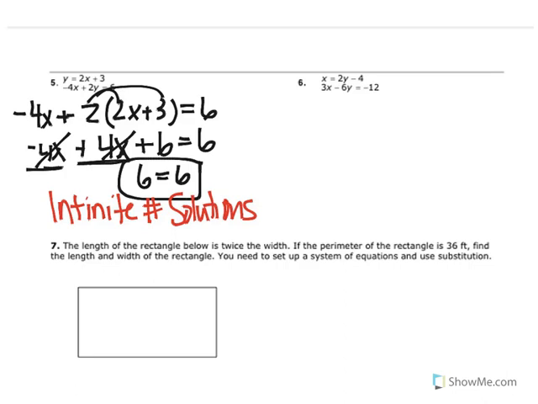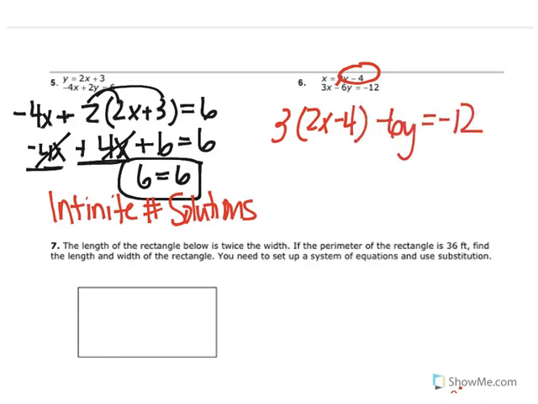Now let's try number 6, because something similar is going to happen on this one. We see that x equals 2y minus 4, so you're going to substitute that for the x in the other equation. So 3 times (2y minus 4) minus 6y equals -12. Now let's distribute.